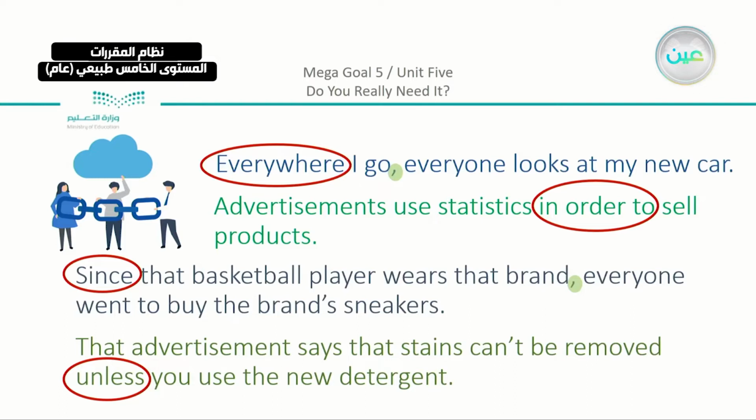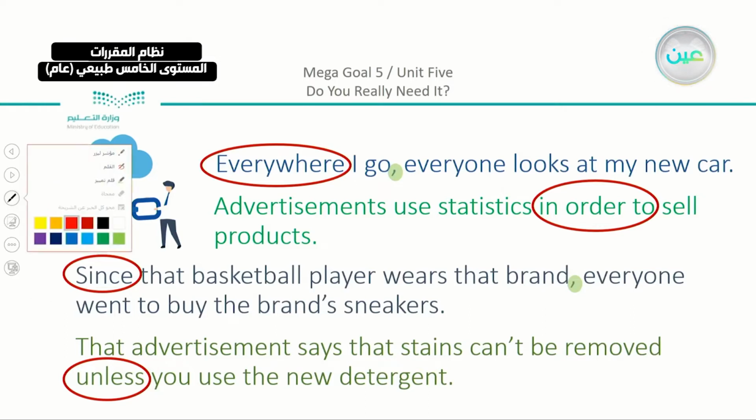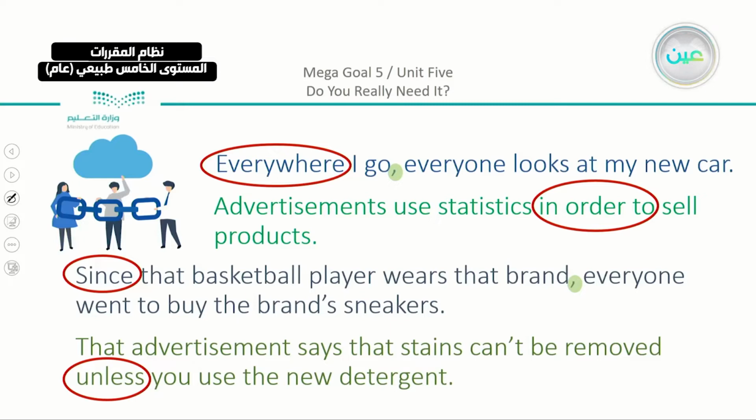Another thing that is very important, just to make sure that you understand the sentences, let's just delete something. We have here, everywhere I go. Now just imagine that you are reading this part, or someone is telling you just this sentence, everywhere I go.